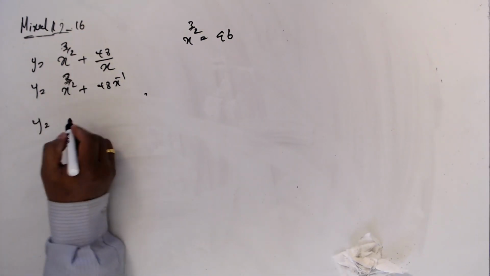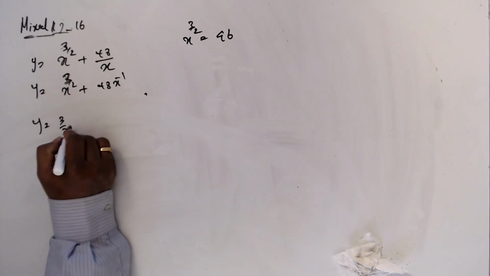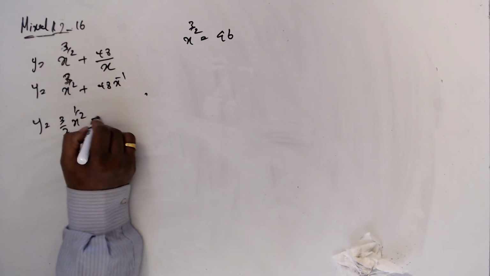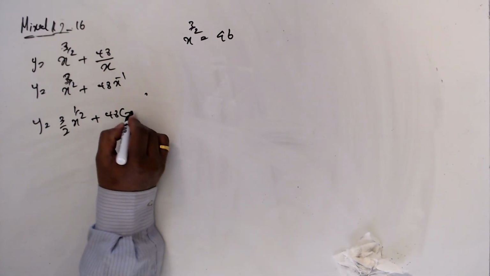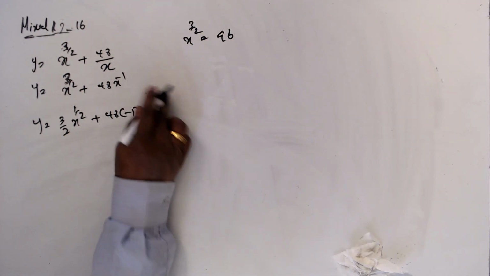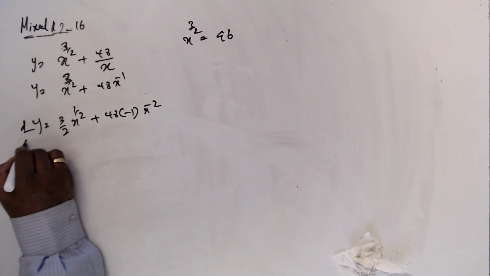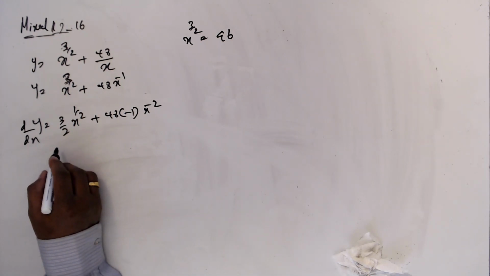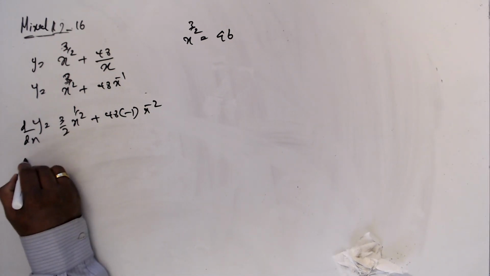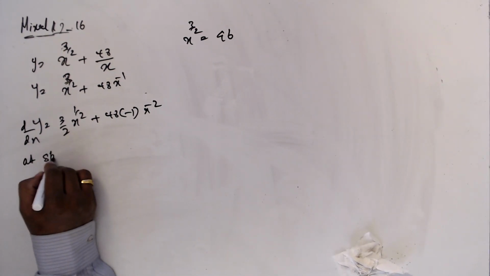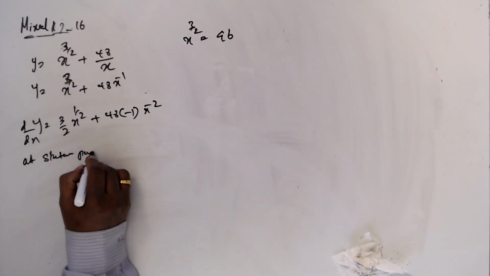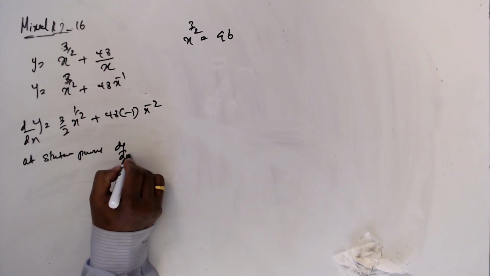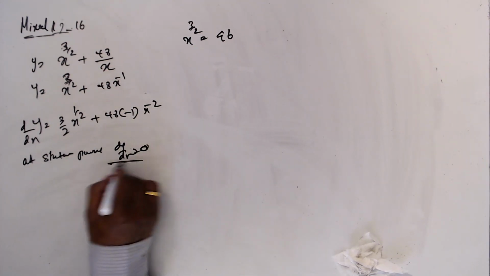So y equals 3 over 2 x^(1/2) plus 48 times x^(-1) minus 2. So dy over dx: at stationary points, dy over dx equals 0, so that's what they are giving.